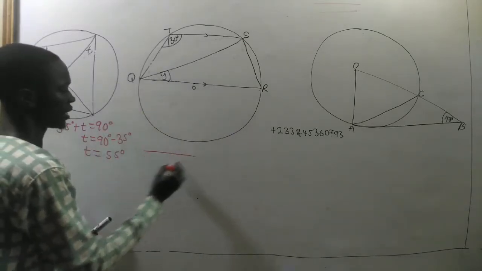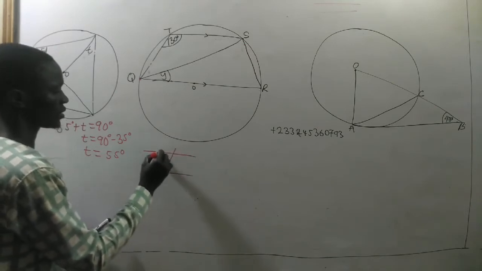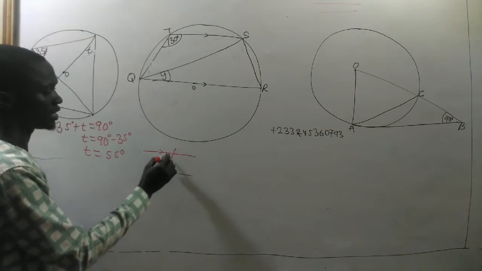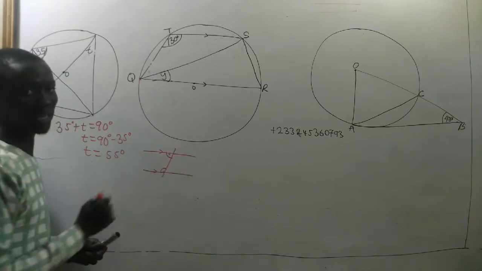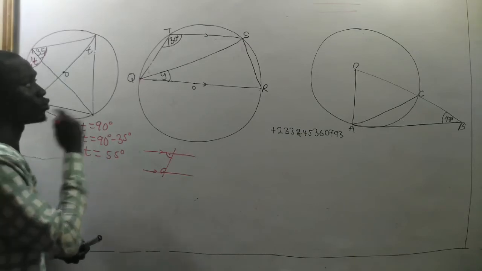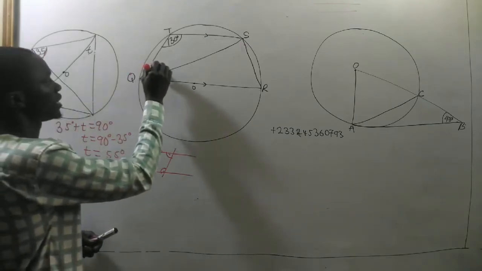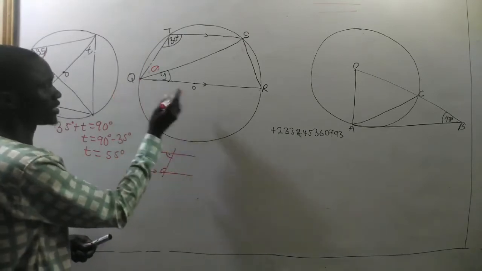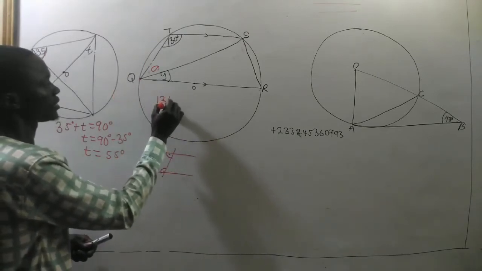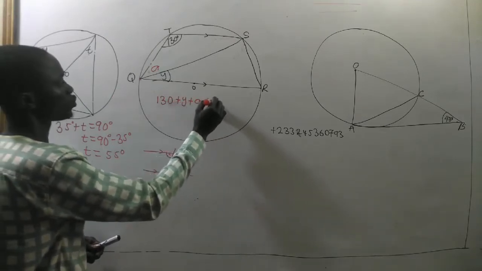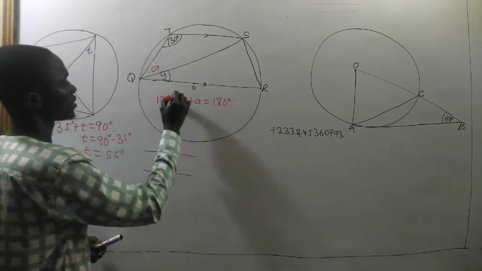If you have this line and they are parallel, then the angles here are called co-interior. They sum up to 180 degrees. That is from Euclid, the father of geometry. So let me put, let's say A here, angle A here. So we are going to get, let's do it here, 130 plus Y plus A equal to 180 degrees.